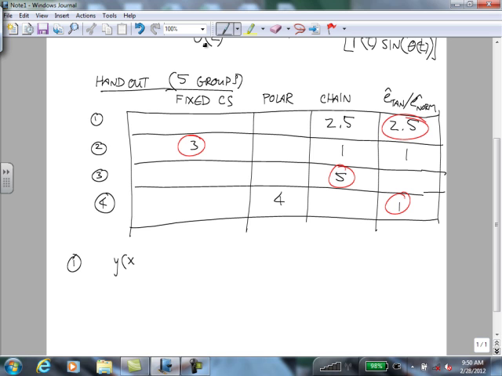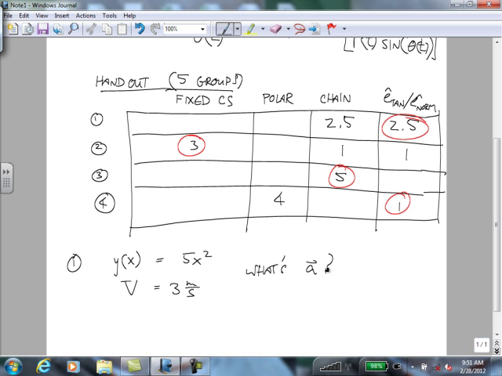So let's go through these one by one. The first one, the problem was you have y of x is equal to 5x squared, and the speed is constant at 3 meters per second. And you need to calculate the acceleration vector.